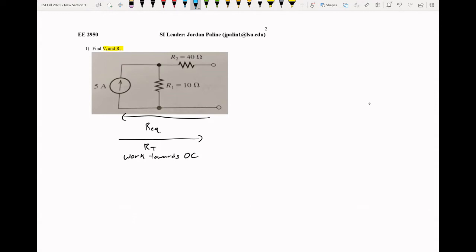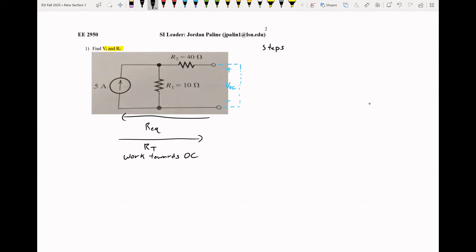So as before, imagine we dropped an imaginary wire here. We created a plus minus VOC. To find our Thevenin, we're going to go through our steps. And here's our steps to solve.